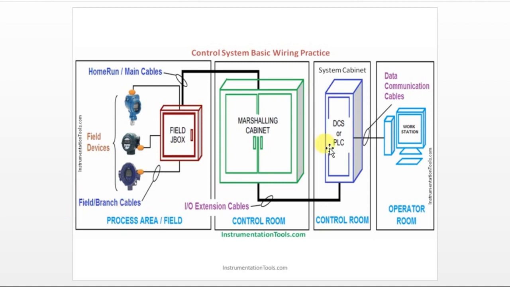You can find the picture of the field instruments here, giving all the signals to the field box, and we collect all the signals from the field box to the marshalling cabinet, and from there we give signals to our controller, which is the system cabinet, and from there we watch or monitor. We can even control from the workstation, which is nothing but our HMI or SCADA, right?